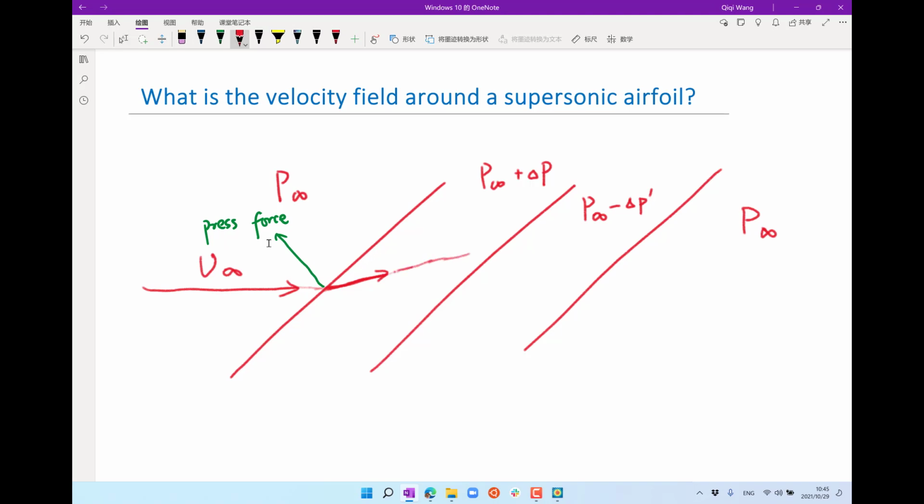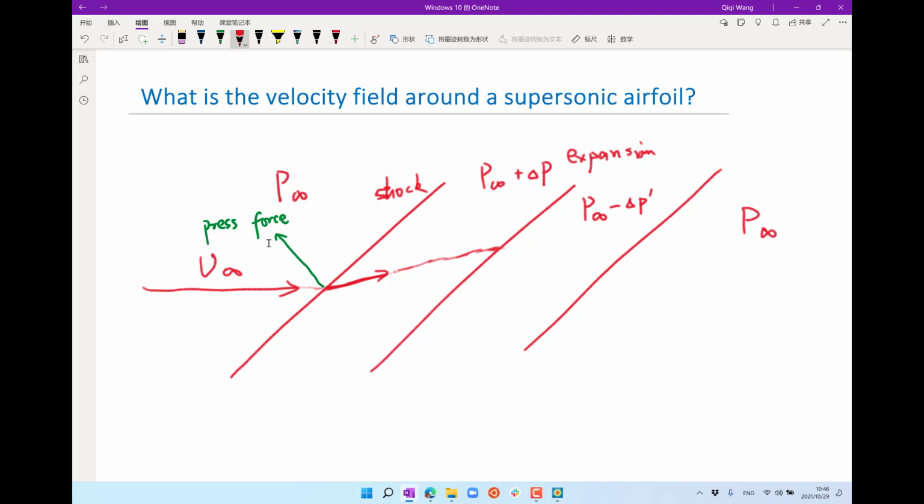Now, when it encounters the next wave: this is a shock, as the pressure is increased. This is an expansion because the pressure decreases, right? How would velocity respond to an expansion wave?